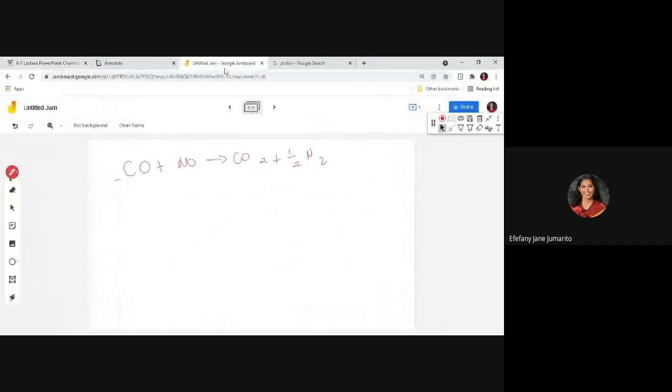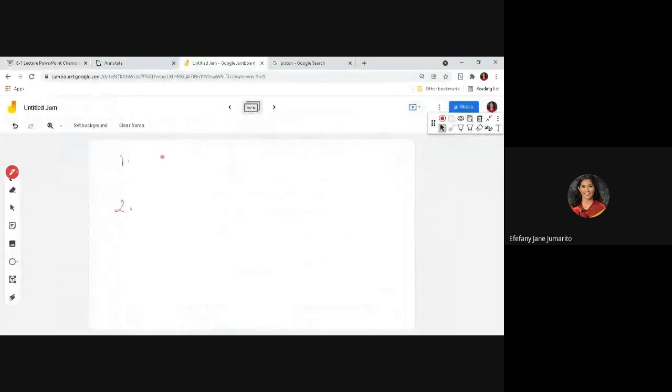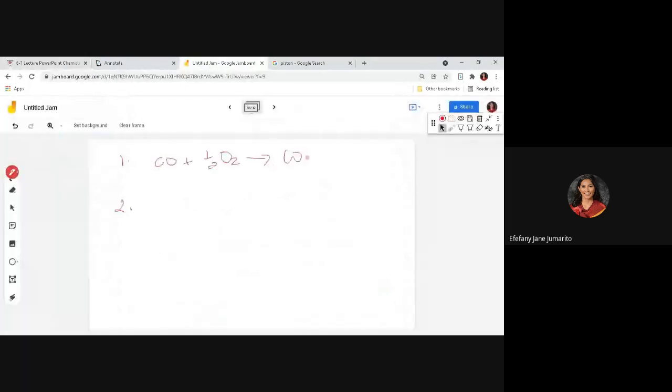Now we are going to calculate delta enthalpy. So we know this is an overall reaction. This overall reaction came from the reaction pathway of step 1 and then step 2. Step 1: CO plus 1 half O2 yields CO2.